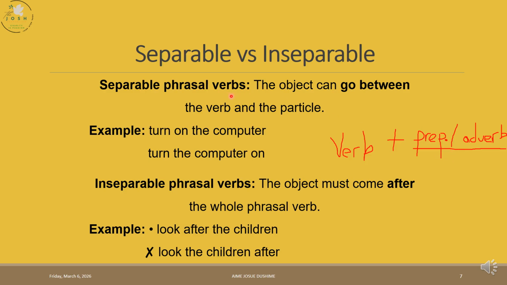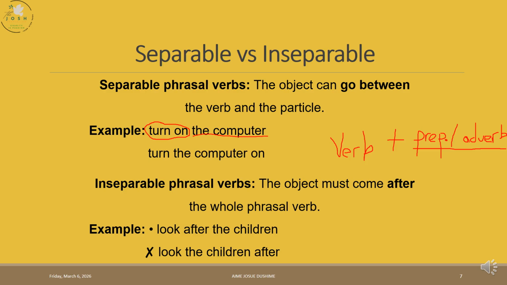So separable phrasal verb, remember I said that transitive ones need an object to be clear. That object can go between the verb and the particle. Like here we have turn on the computer. This is a phrasal verb, first of all a transitive phrasal verb. Then they need an object, which is the computer.